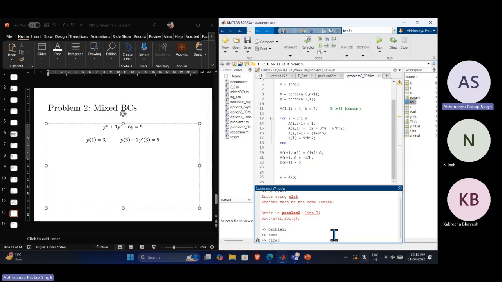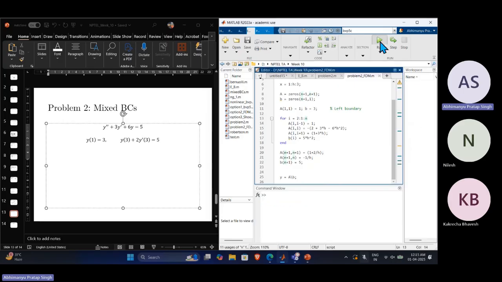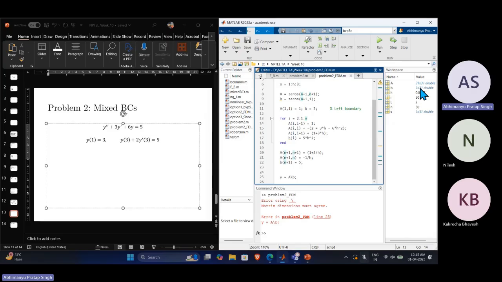Let's see what we are getting. Matrix dimensions.